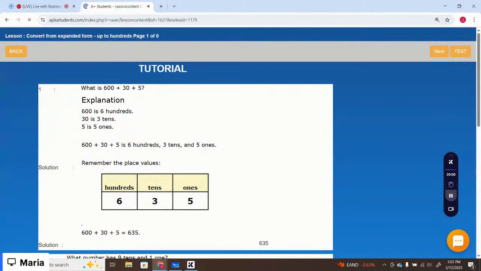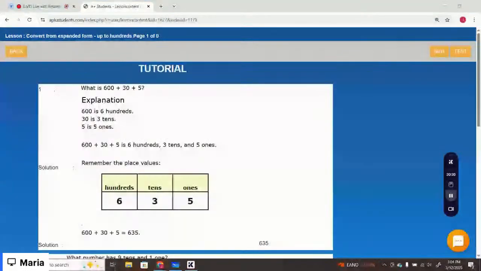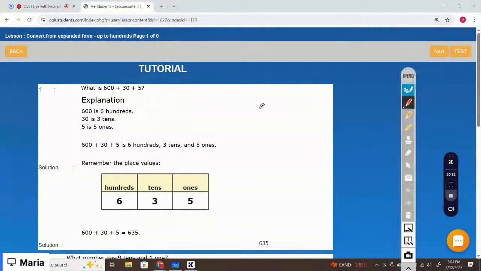What is 600 plus 30 plus 5? So basically, 600 means 6 is at the hundreds place, 3 is at the tens place, and 5 is at the ones.